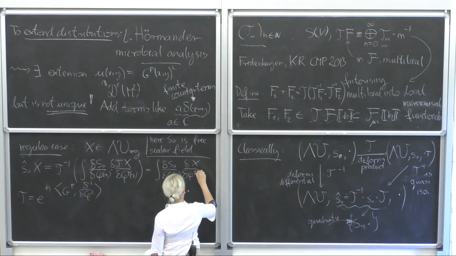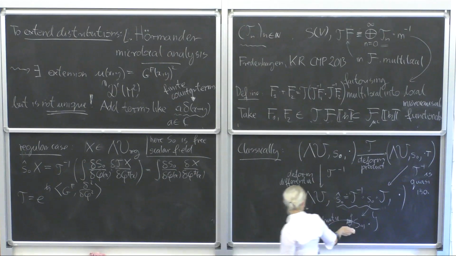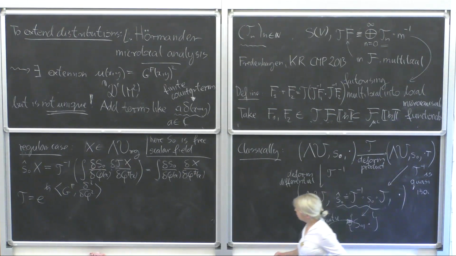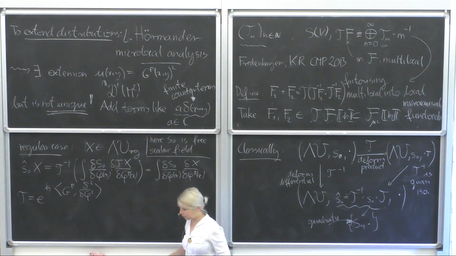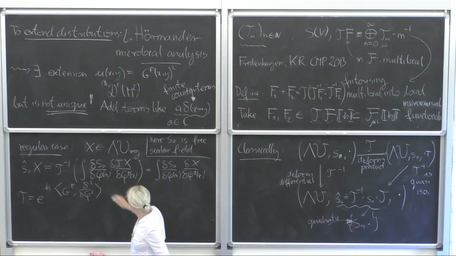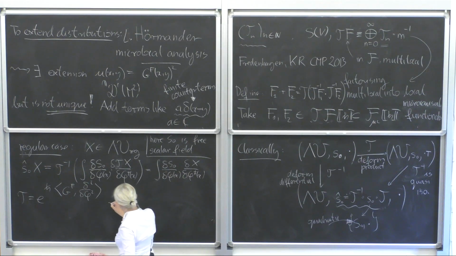The zeroth order is just the original classical BV operator. Now the first order: I have to contract with GF once, both of these terms.